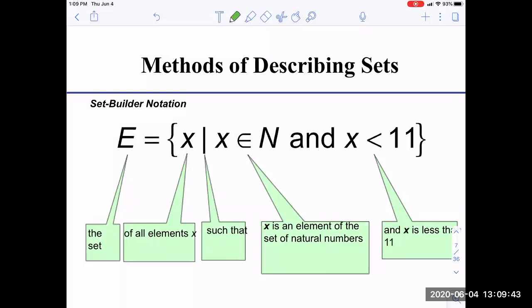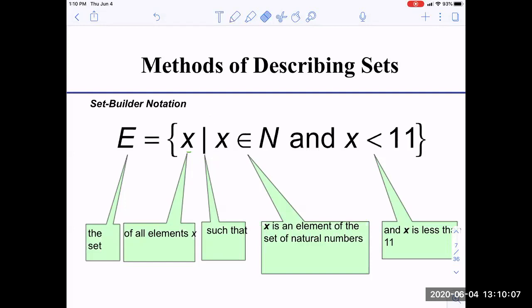Okay, set builder notation. What's going on here? Well, I'll read it. The set E of all elements X such that X is an element of N, where N is the natural numbers, and X is less than 11.